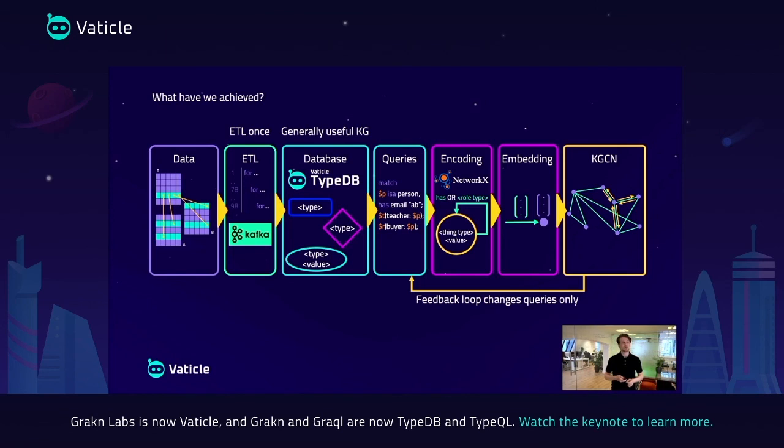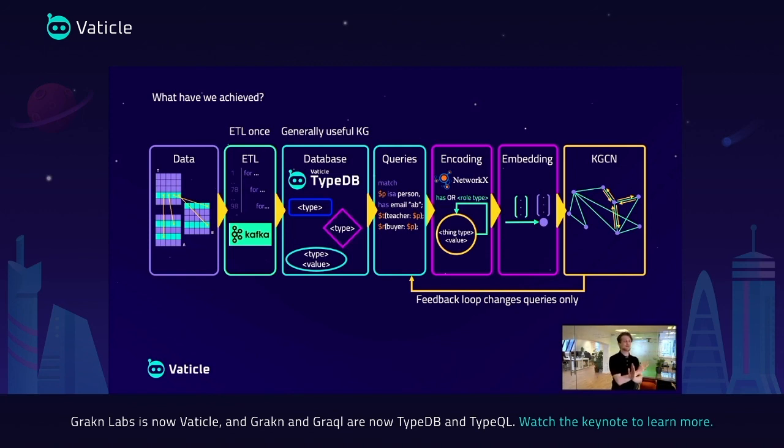So beyond creating a generally valuable knowledge graph, what we also see is that the feedback loop that we gain when we decide that our results are not up to scratch only means that we should change from the queries and downstream.